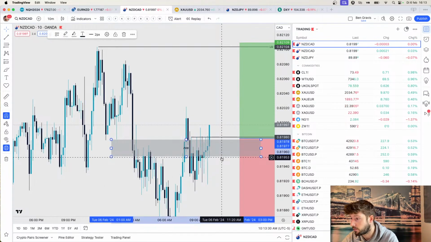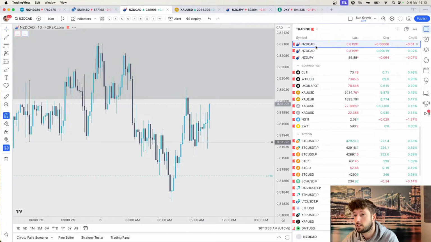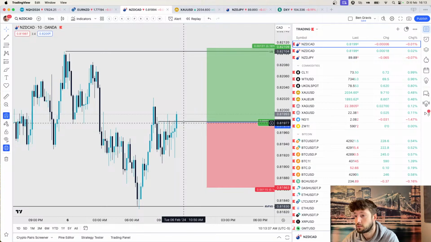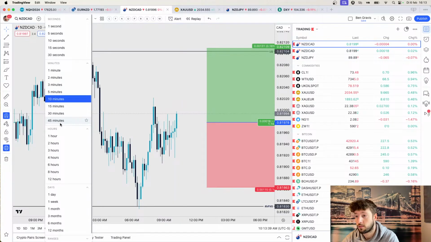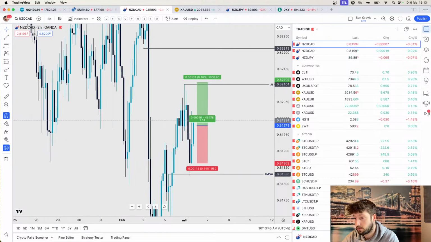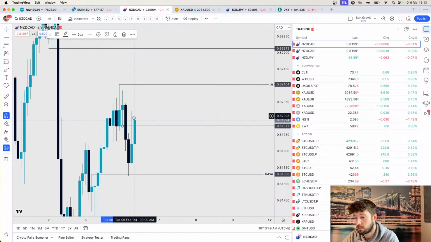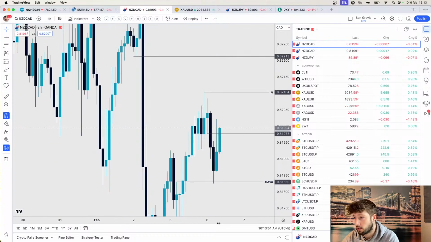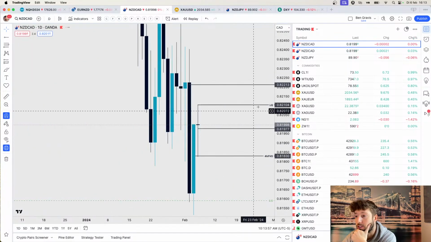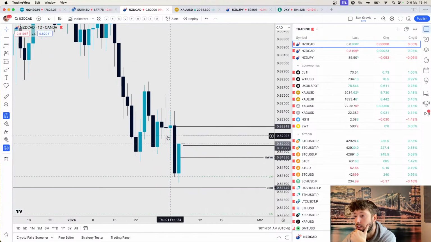So where does this fair value gap come from? Okay, yeah, it's from the 2 hourly. I think that this one will just be heading for those equal highs here, and at least this liquidity.